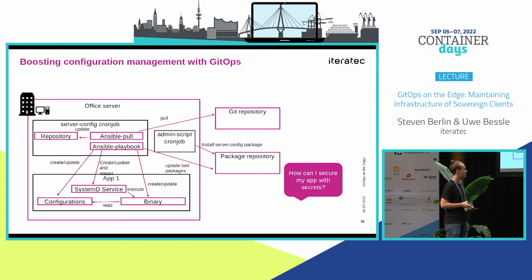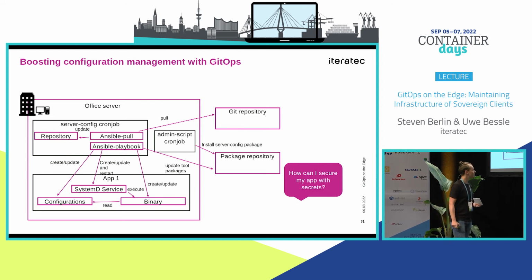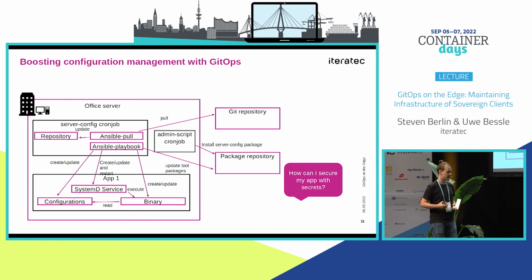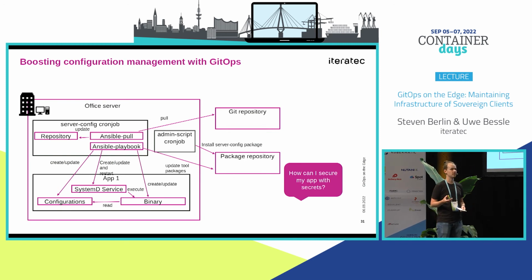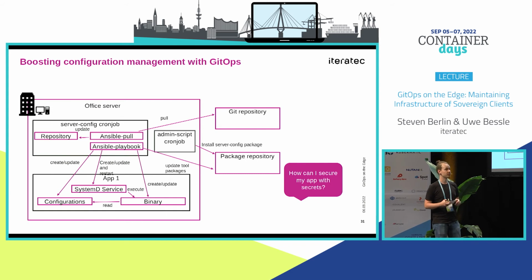We have a Git repository on the right-hand side, a package repository where we can provide the package that is taking care of installing Ansible, and also the cron job that will be used on an office server. So Ansible Pull is started regularly and asks for updates, pulls updates, sees there's a change, and can execute or make decisions based on the instructions that were pulled.